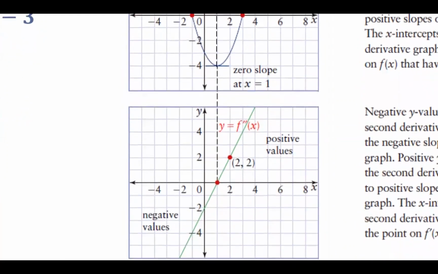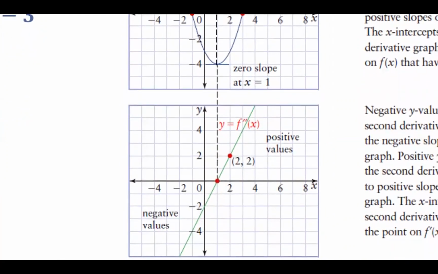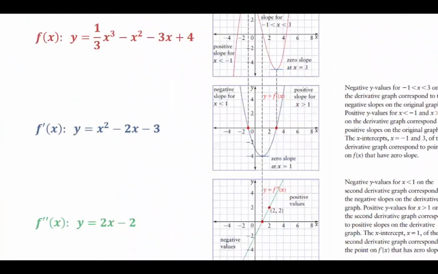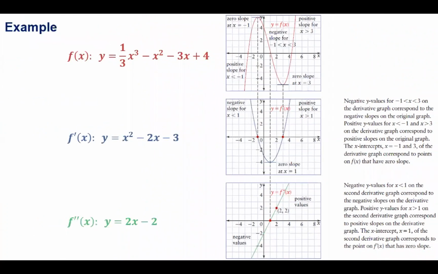Therefore, after x equals 1, the derivative of the first derivative, which is the second derivative, will be a positive number. You see that? So just remember, the first derivative measures the instantaneous rate of change of the original function at any point. Then the second derivative measures the instantaneous rate of change of the first derivative. Understand?